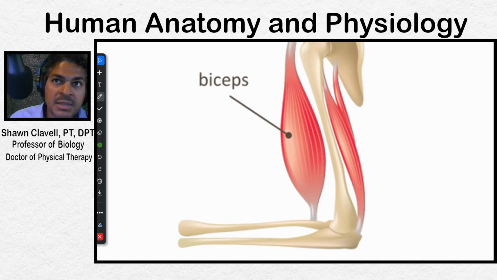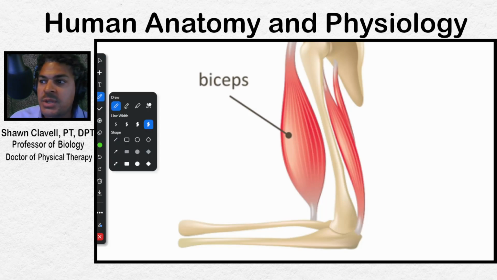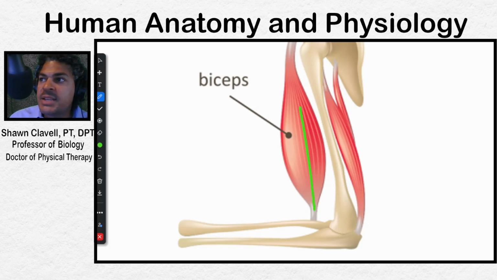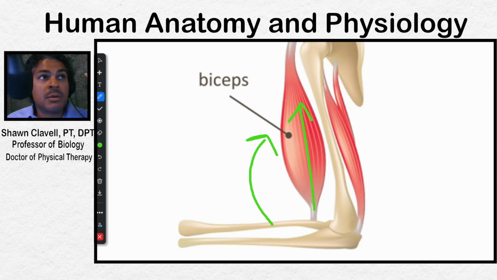So let me give you an idea of this concept visually. The biceps is responsible for flexing the elbow, causing the forearm to become closer to the humerus.